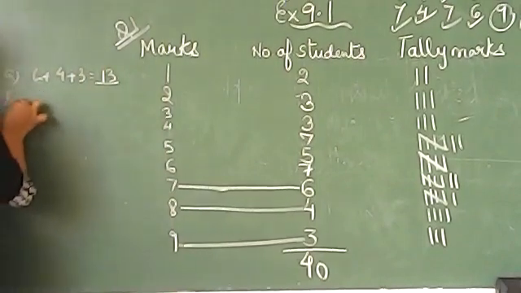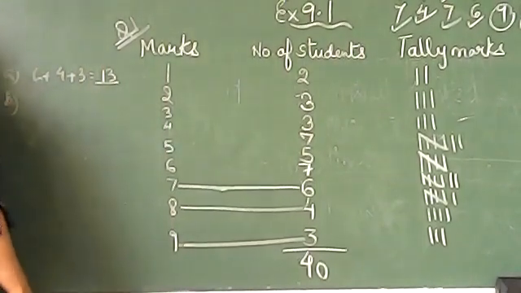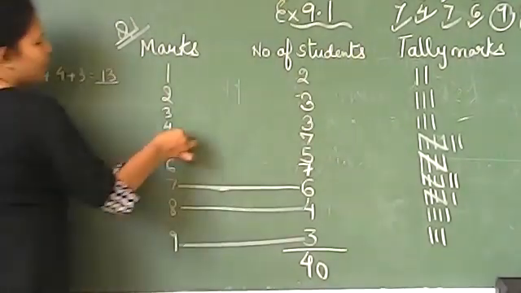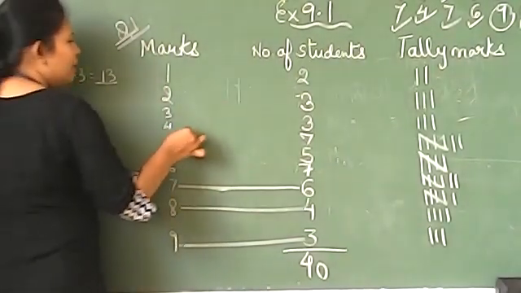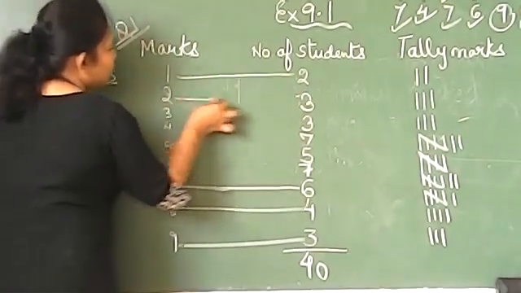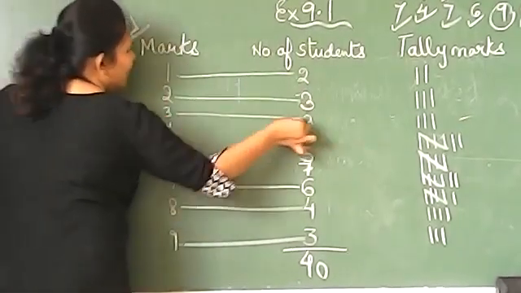Now question number B, it is telling find how many students obtained marks below 4. Below 4 means 4 will not be included in it, right? Below 4 will come. So in below 4, what do we have? We have 2, we have 3 and we have this 3.